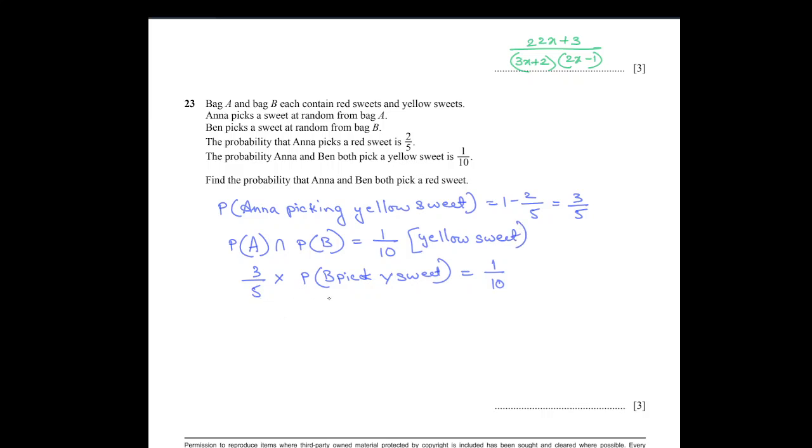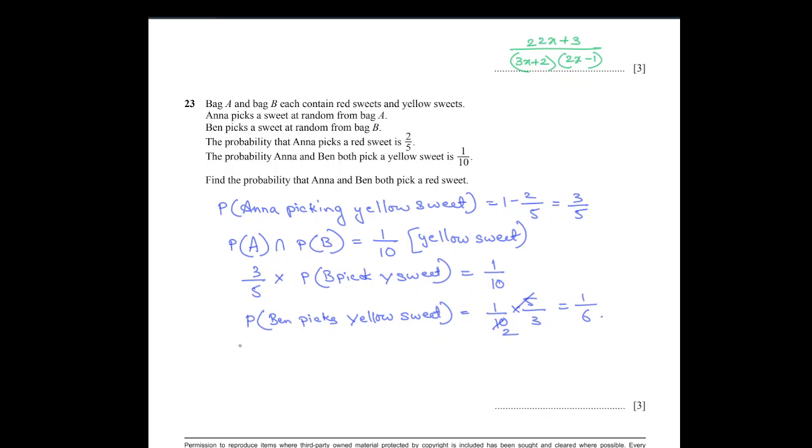Then to get the probability that Ben picks a yellow sweet, 1 by 10 into 5 by 3. This 3 by 5 goes to the other side, that is 5 by 3. So it is 1 by 6.